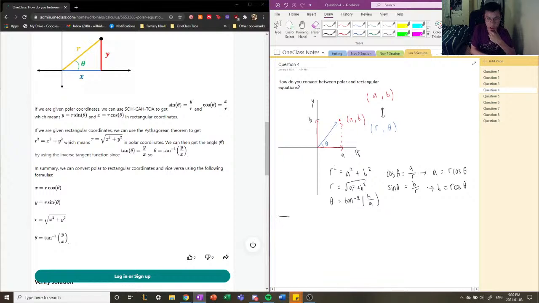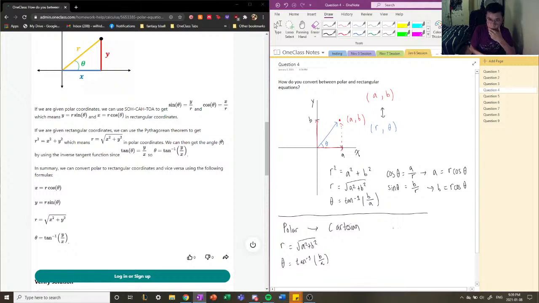Let me write it out in a better fashion here. Okay, so if we were to have Cartesian to polar, we would find r by the square root of a squared plus b squared, and we'd find theta by the tan inverse of the ratio of b over a.